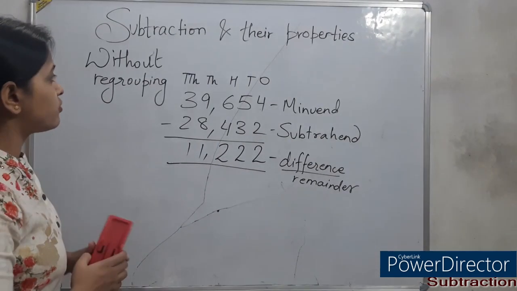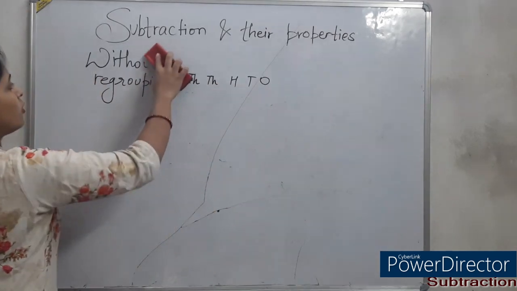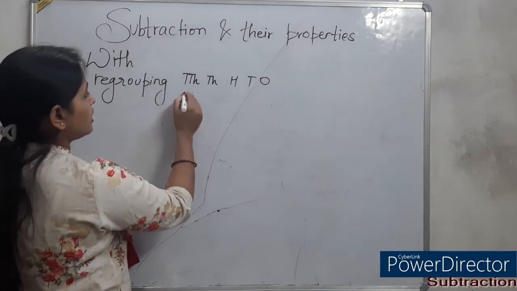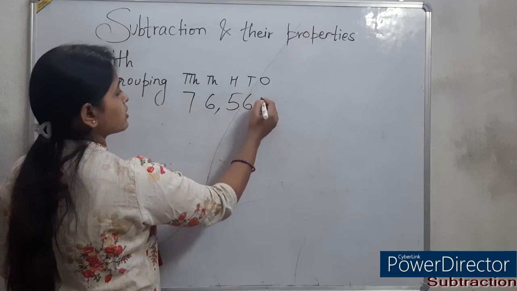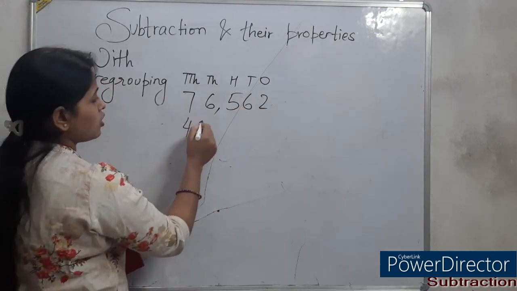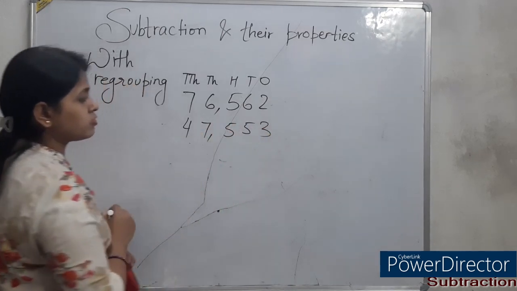But in the case of with regrouping, let's take an example: 76,562, and here we need to subtract 47,553.